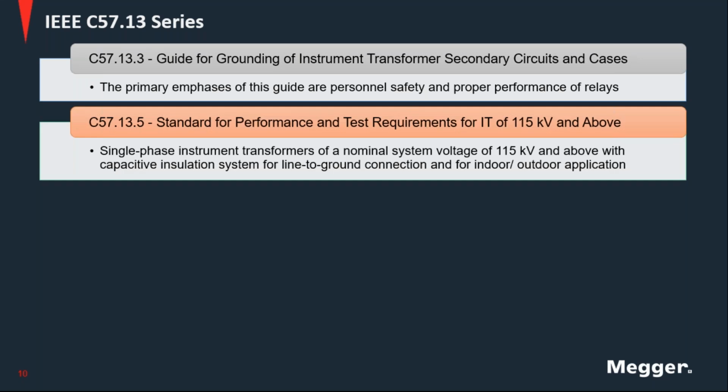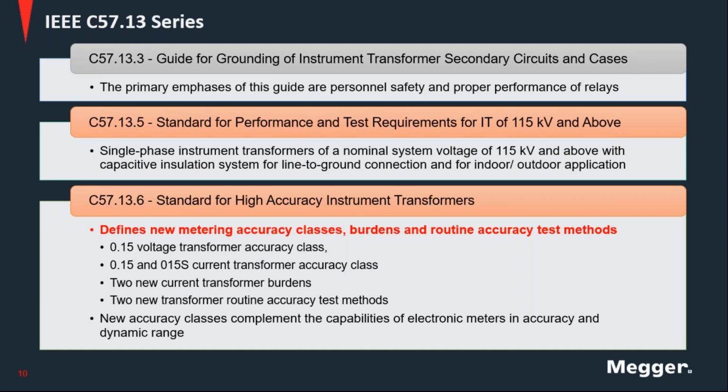There's one that concerns our topic, C57.13.5, which is the standard for performance and test requirements for instrument transformers of 115 kilovolts and above. This covers mainly potential transformers, voltage transformers, and the accuracy classes that were defined in C57.13.